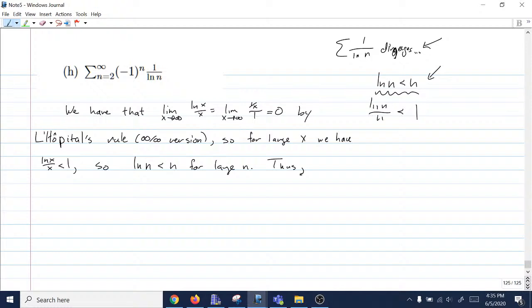Thus the sum of 1 over log n is going to be bigger than 1 over n eventually. And so the sum of 1 over log n diverges by direct comparison with the harmonic series.